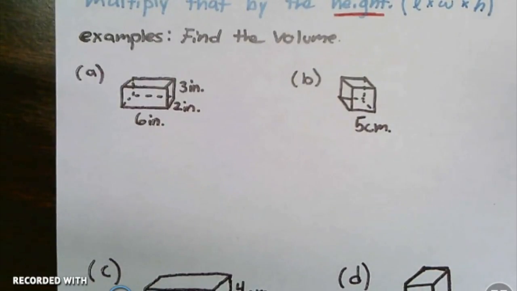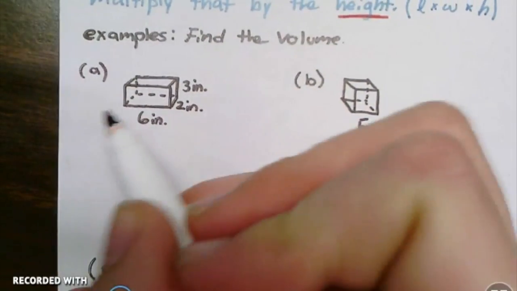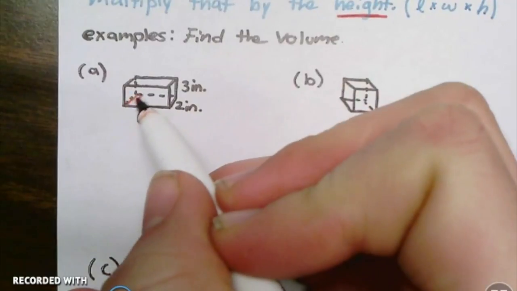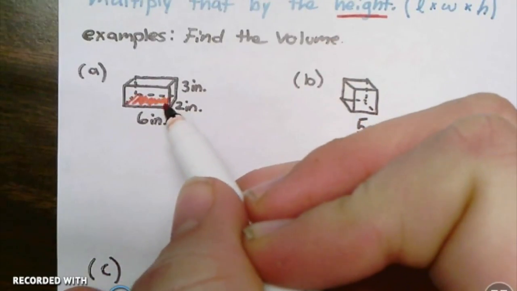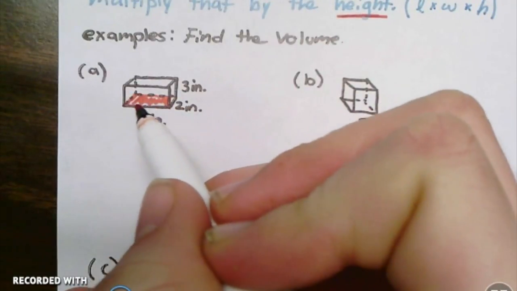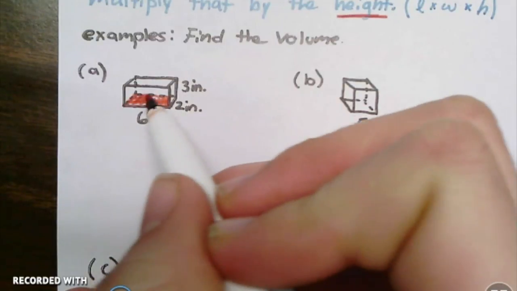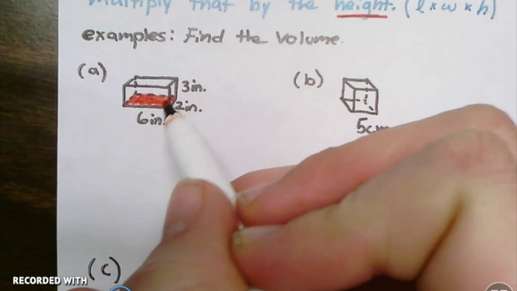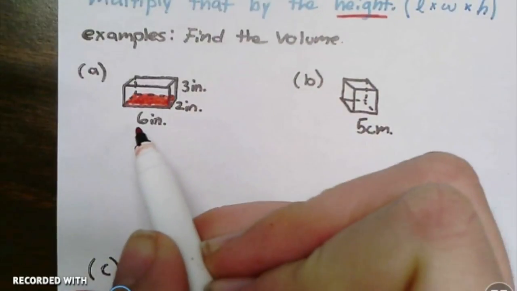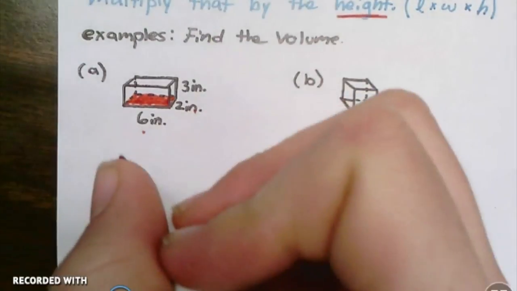So the directions just say to find the volume. First, I'm going to find the area of the base, okay? I'm going to highlight it so you can see where this base is. This is the bottom of this box. So I need to find the area of this rectangle, which is 6 times 2.